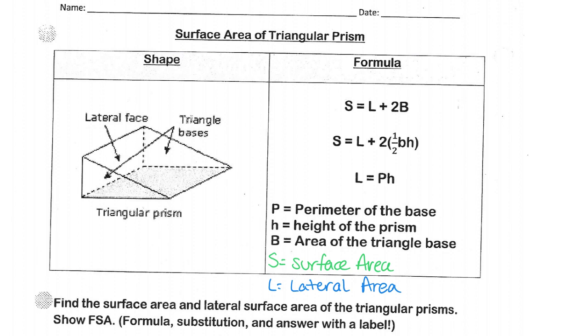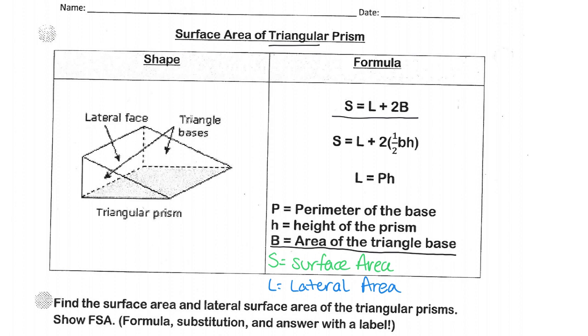So to find the surface area of a triangular prism, you have to find the lateral area plus 2b. What's b? B is the area of the triangle base.